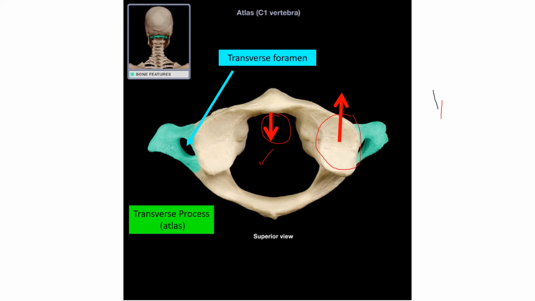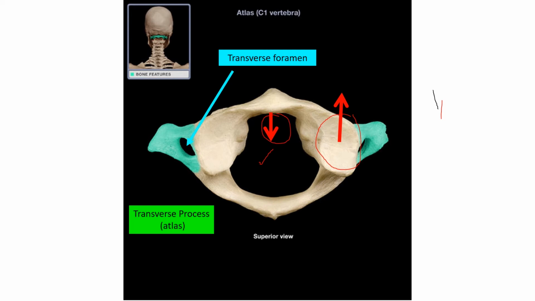It is divided into two lateral masses, and you can see that the red arrow on your right is going to receive the condyles of the occipital bone, and these are concave, and they are ready to receive the occipital condyles.